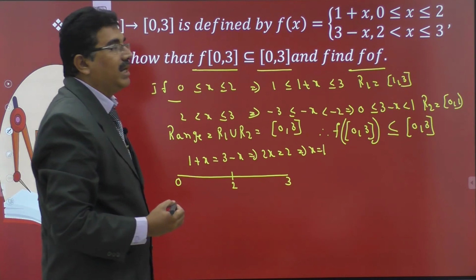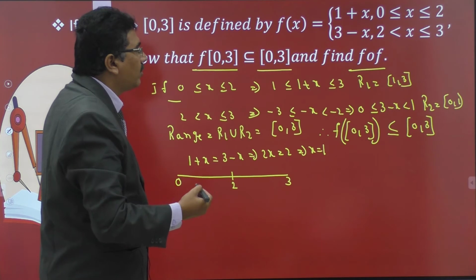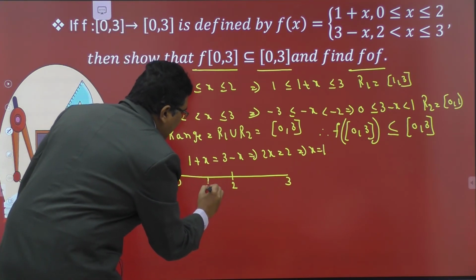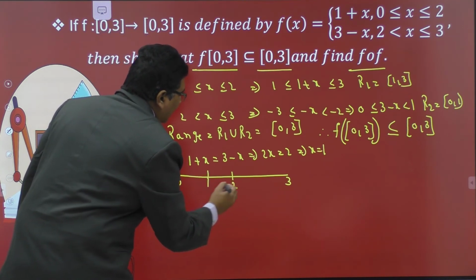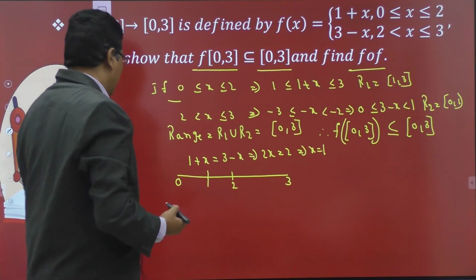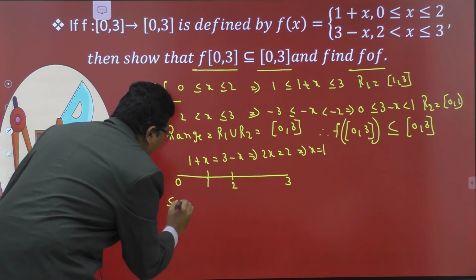Now, for finding f circle f, the domain can also be divided into 0 to 1, 1 to 2 and 2 to 3. Right. Now, 0 less than or equal to x less than 1.